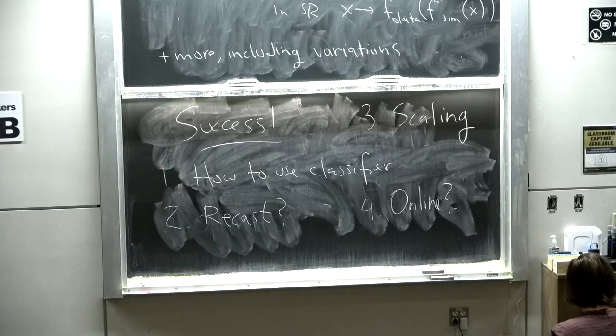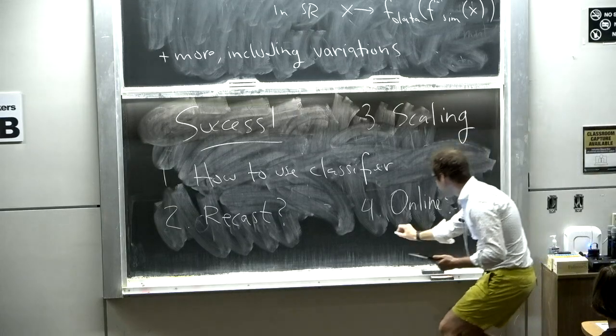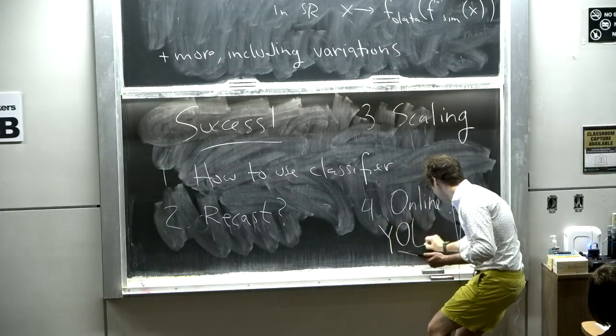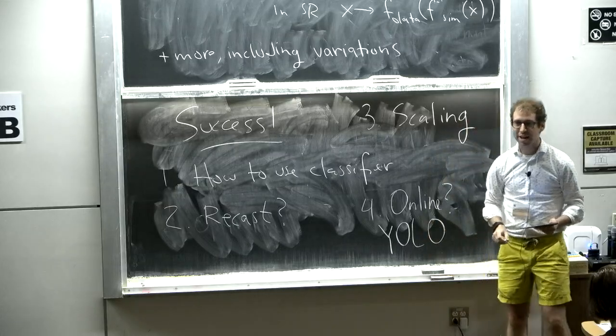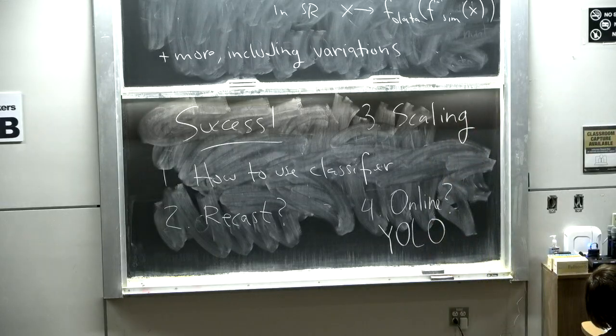So it would be interesting to think about how you could modify these approaches to work online. The difference between online and offline is that offline, you can look at as many events as you want, as many times as you want. But online, the problem is that you're in a YOLO situation, which is that you only get to look once.